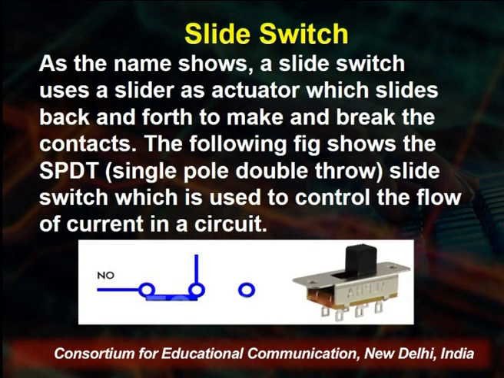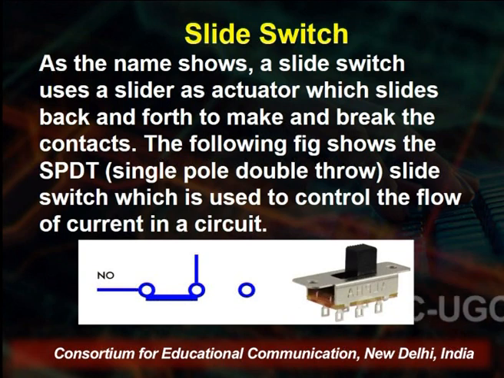Next is the slide switch. As the name shows, a slide switch uses a slider as the actuator which slides back and forth to make and break the contacts. You see on the screen that there is a knob that can be moved; it will push one side to open it and push another side to close it.